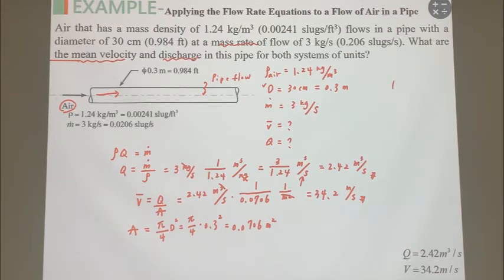If not, we need to use the dot product operator to calculate the discharge. So this is a very basic idea: how we compute the discharge and how we compute the average flow velocity.